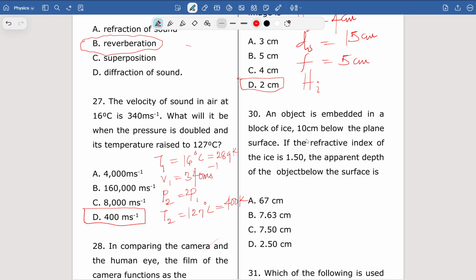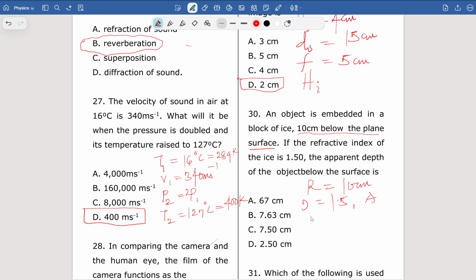So that 10 centimeters below the plane surface is likely to be your real depth. So it implies that your real depth is equal to 10 centimeters. The refractive index is given to be 1.5, and you're looking for the apparent depth, A. So there's this relationship between real depth and apparent depth.